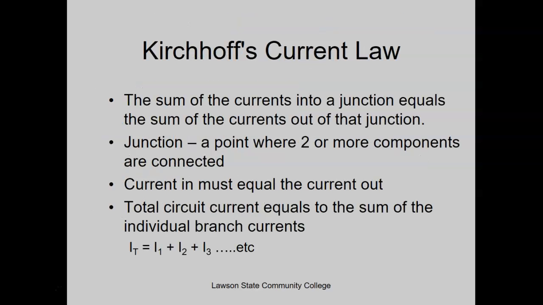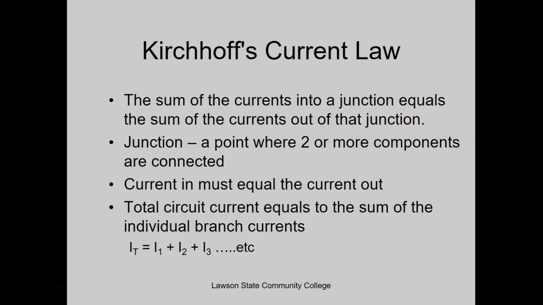So before we get to that point, we have what's called Kirchhoff's current law, and that is that the sum of the currents into a junction. So a junction is where each of these resistors connect to the main line. So the sum of the currents into a junction equal the sum of the currents out of that junction.